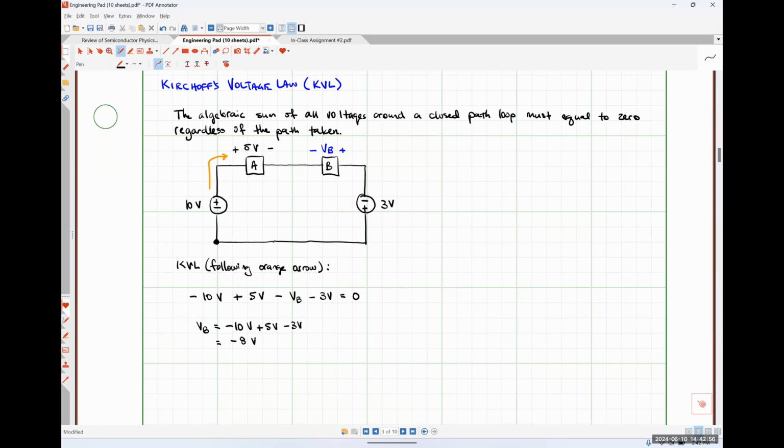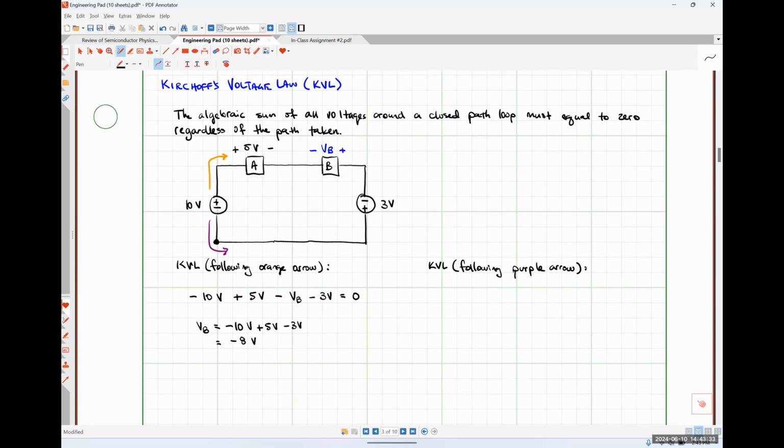So now, just for the sake of argument, let's see what would happen if we followed the current in the opposite direction. If I were to follow the purple direction, what's the first thing that I see?